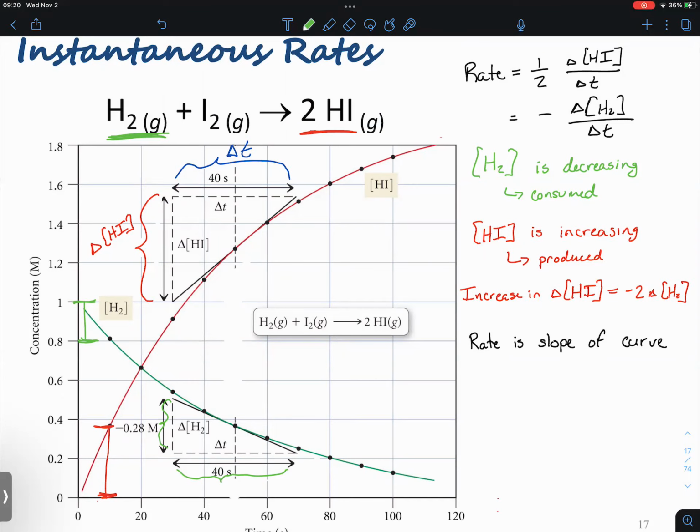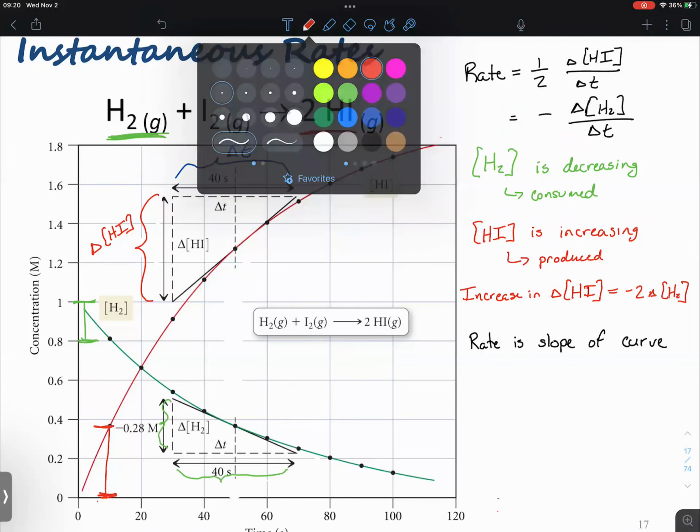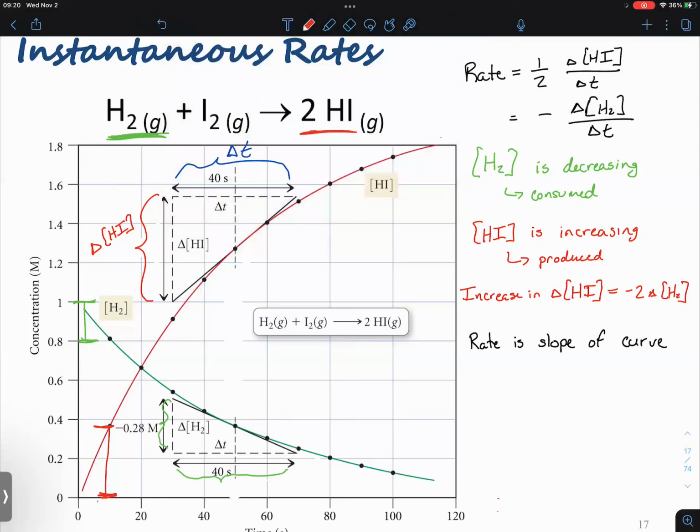And what we can see, because this isn't a straight line, this is indeed a curve, if we look, for example, at this red line in particular, is that the rate is changing as this reaction proceeds, as it approaches equilibrium. When we start off our reaction, it's going at its fastest at the very beginning.